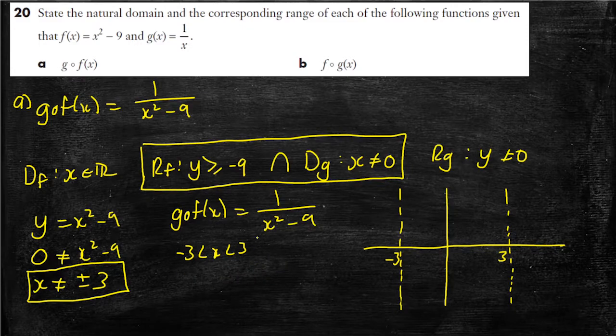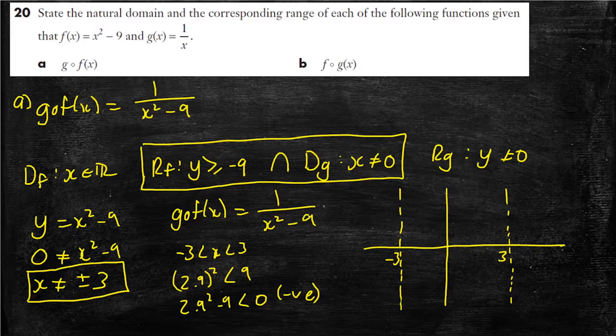So if I pick a number like 2.9, 2.9 squared is less than 9. So 2.9 squared take away 9 is going to be less than 0, which is just a negative number. That's all I'm determining there. It's going to be very small and close to 0, but it's going to be negative.